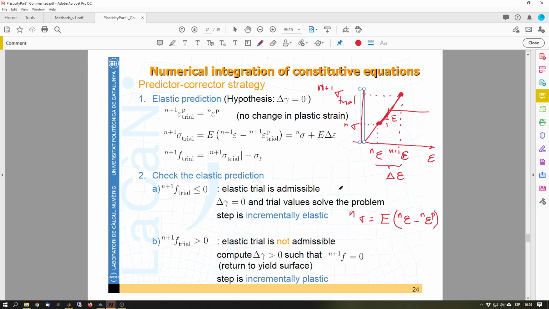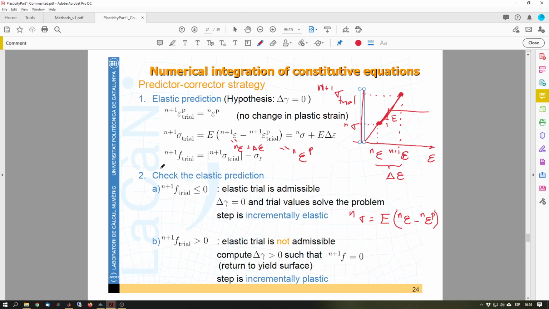So the plastic strain is equal to what we had in the previous step, plus this difference, and then we are left with delta epsilon times the Young modulus. So the trial stress is the same stress that I had plus E times delta epsilon, which means going up to here, and that's my new stress.